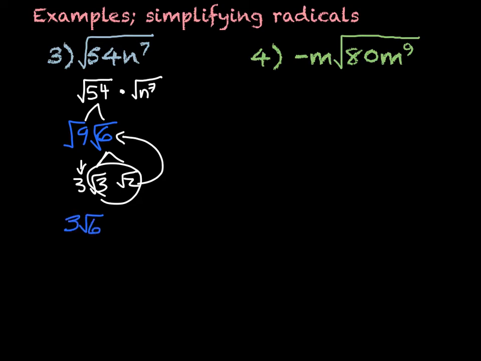Now I need to figure out what I need to do with the square root of my variable. So I have the square root of n to the 7th. On this one, I'm going to break it down the same way, and I'm going to be looking for groups of 2 n's, because it's a square root. So I have n squared, and then I have n to the 5th.